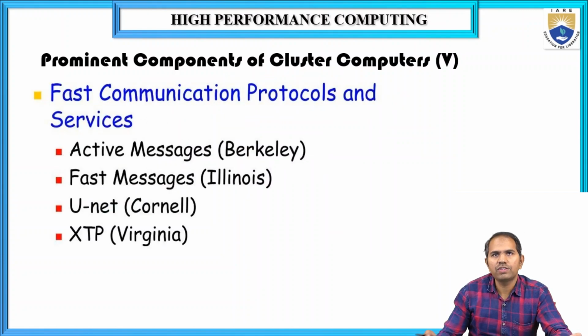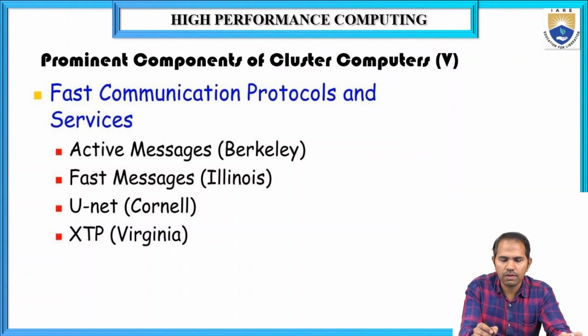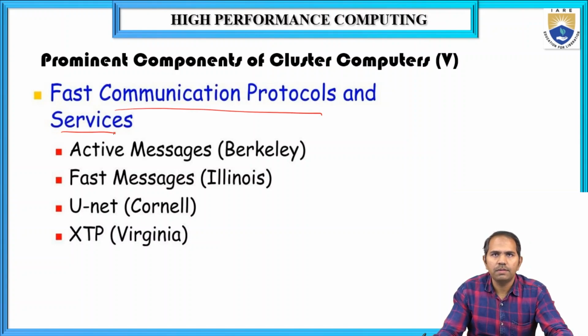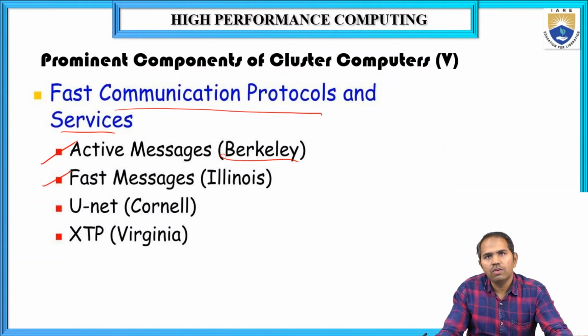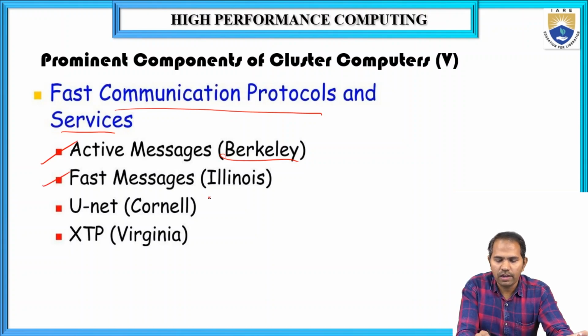And next we discuss the fifth one, fast communication protocols and services. What are the things supported with fast communication protocols and services? First thing is Active Messages from the Berkeley systems. Then Fast Messages from Illinois.